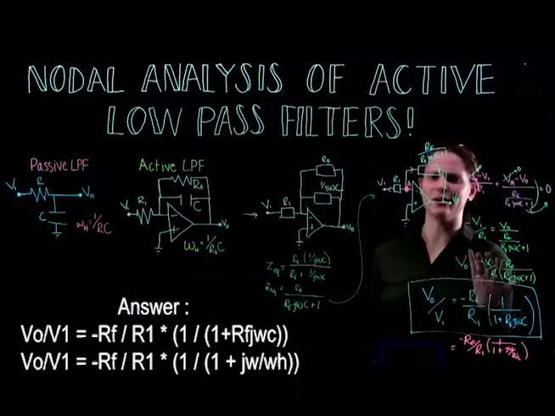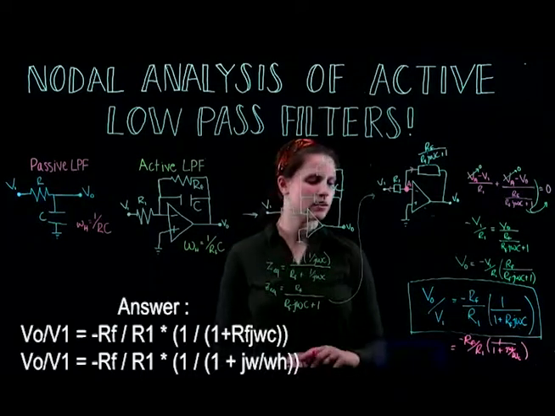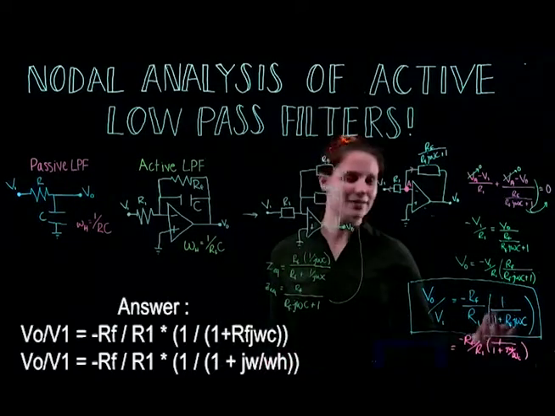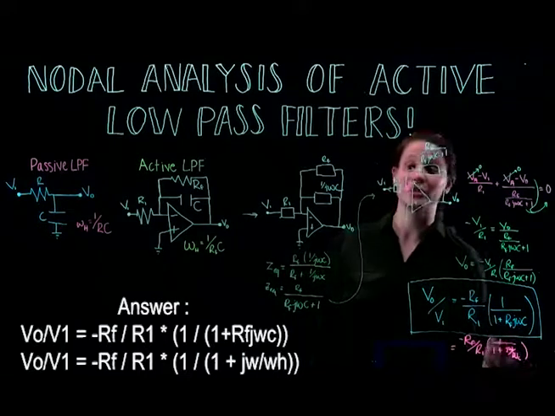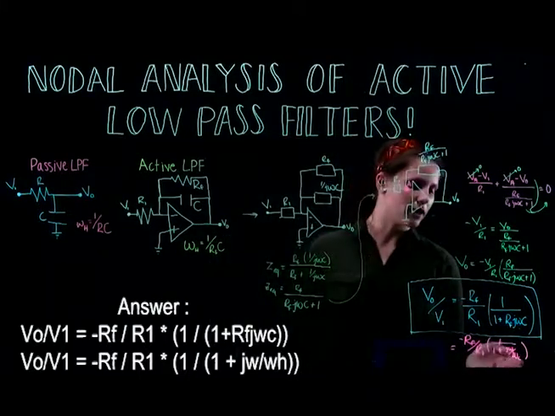And how we know we can do that is we know that the cutoff frequency for the low-pass filter is just 1 over RFC, and just do some basic algebra and get that. But this is how you put it in terms of a cutoff frequency.